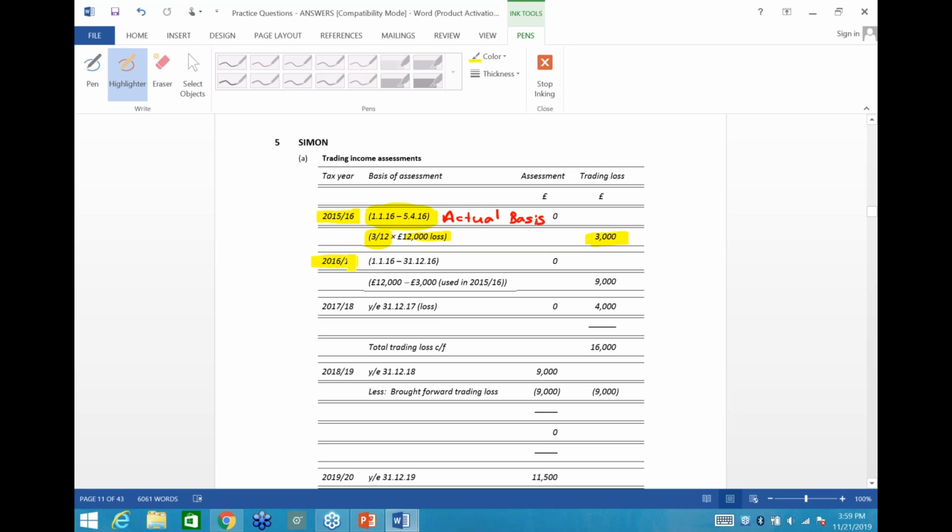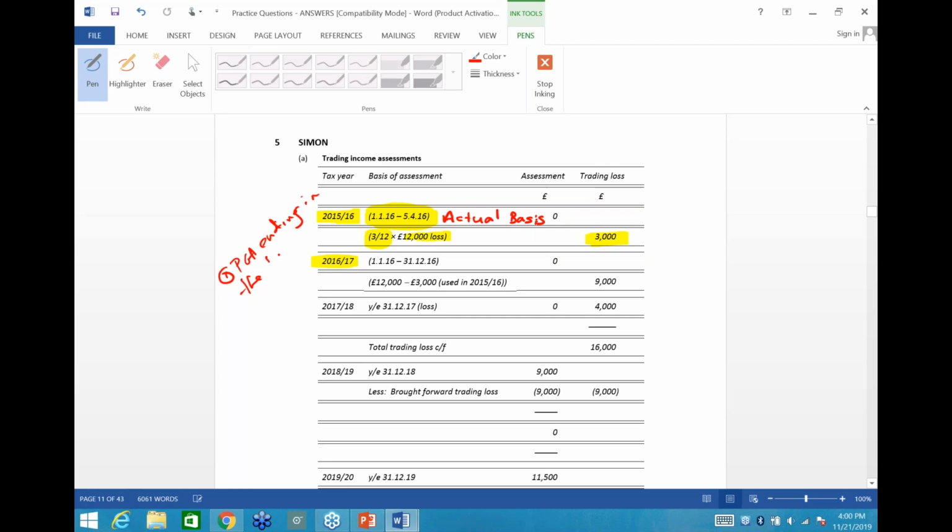You need to ask an important question here. That is, is there a period of account ending in the tax year? The first question, is there a period of account ending in the tax year?